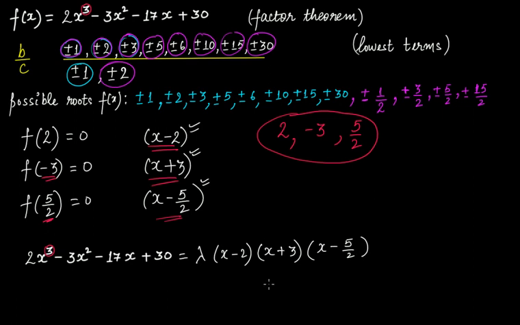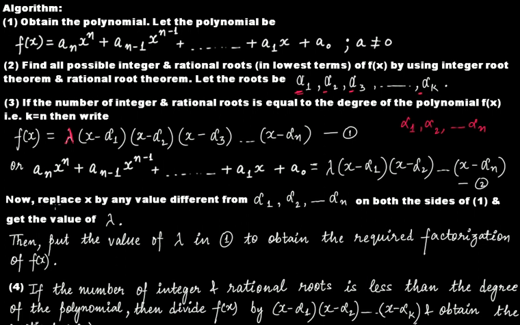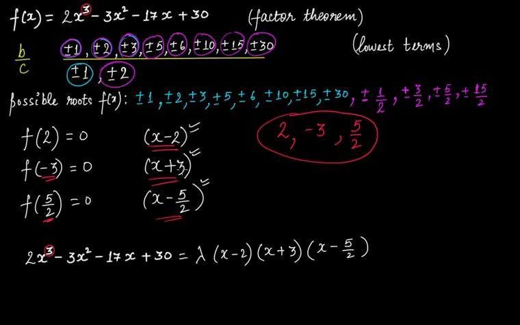We have this. Now it's saying to replace x by any value different from alpha 1, alpha 2, alpha n. It's saying that you have these 3 roots, 2, minus 3 and 5 by 2. Put any value in place of x other than 2, minus 3 and 5 by 2, so that we can calculate this value of lambda.